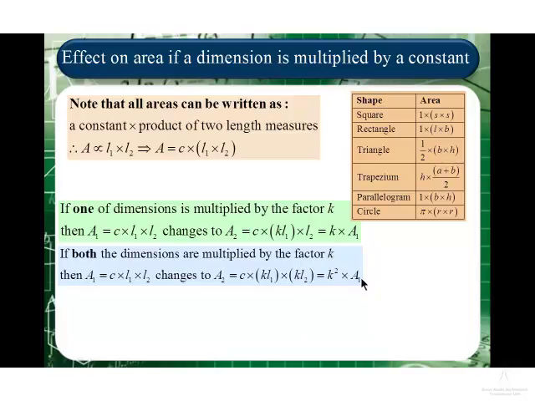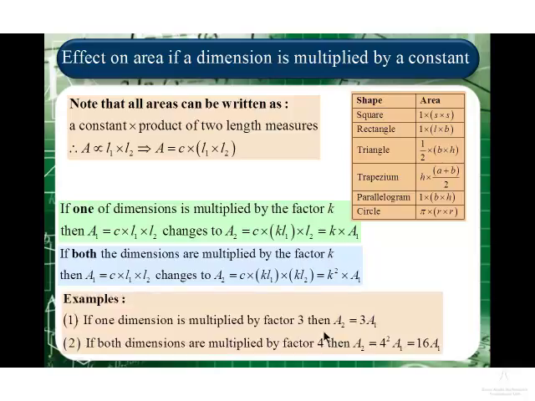If both the length dimensions are multiplied with a constant k, then the resultant area will change by a factor k squared. For example, if one dimension is multiplied by a factor 3, then the area A2 will be 3 times the original area A1.